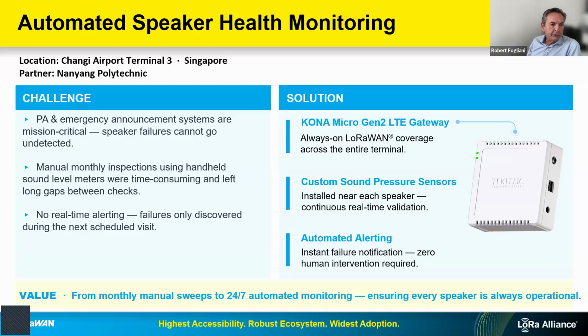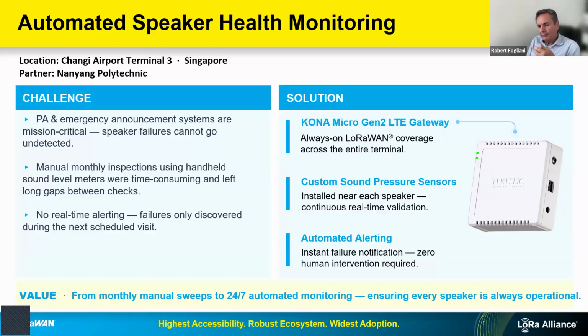So the first is the slide for Changi Airport in Singapore. In an airport, it's critical that we monitor the emergency speakerphones. We need to understand if the speakerphones are really working.